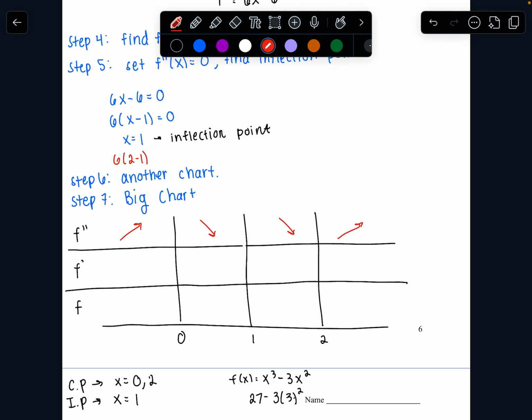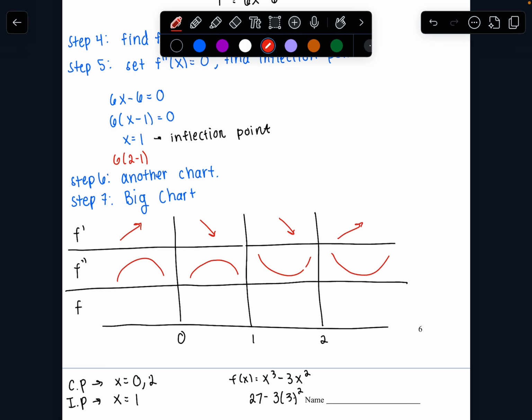Let's see. At 1, I believe we were concave, what? We were down first, right? Concave. Oh, I did this backwards. There we go. Yeah. We were concave down, and then we were concave up.